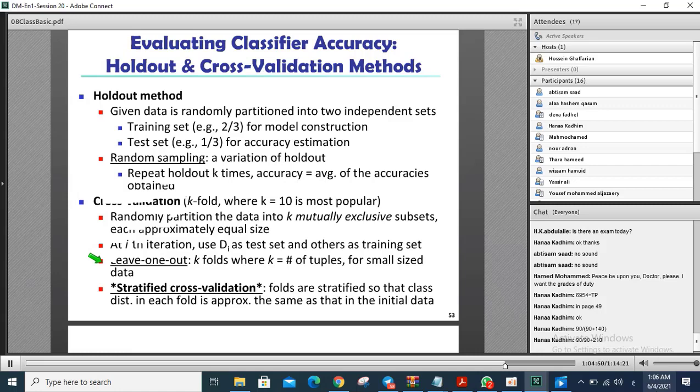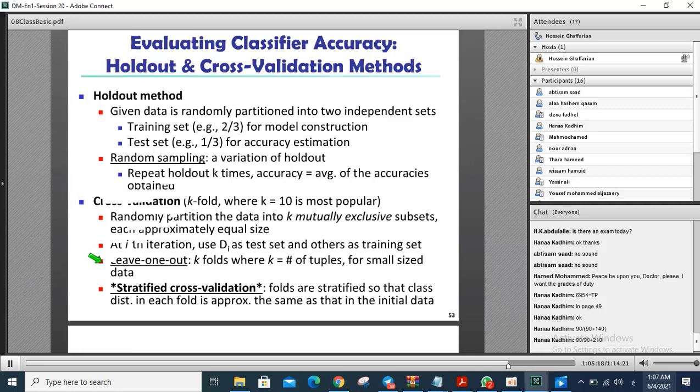I'm repeating this k times, and finally I'm calculating the average values for all k iterations.